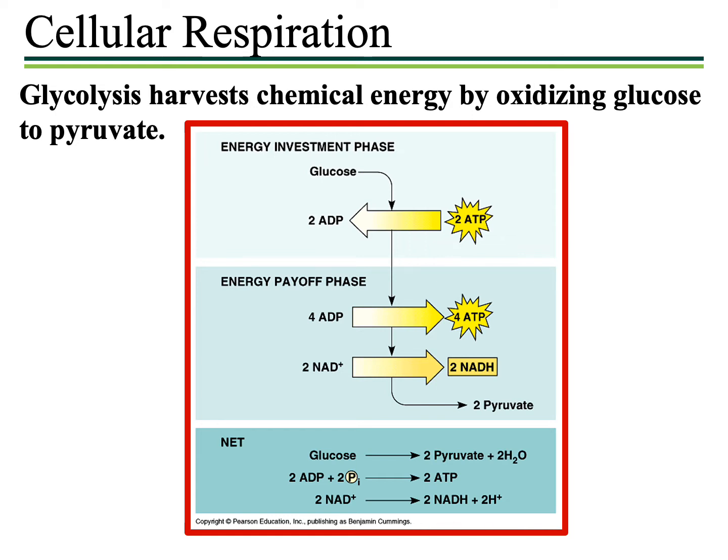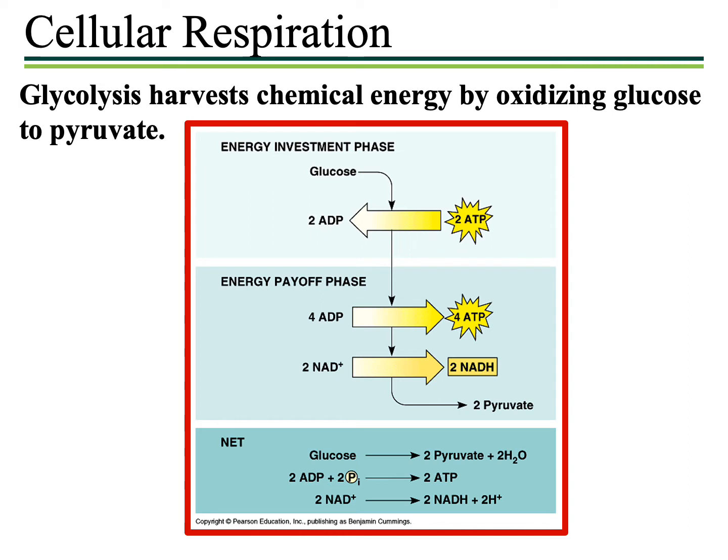There is what's known as the energy investment phase, meaning that there does need to be a slight input of energy to allow the reactions to proceed. The second half of glycolysis is known as the energy payoff phase, and this is because energy is produced in the form of ATP as well as NADH in the energy payoff phase.